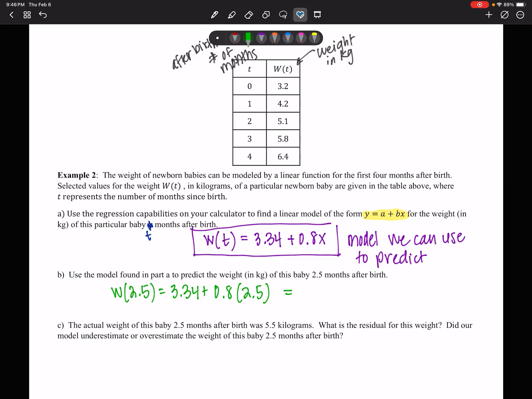When I multiply and add those two numbers together, I get actually exactly 5.34 kilograms, because these values didn't keep going forever, so I didn't have to round because I don't have any irrational numbers happening. We are good, 5.34 kilograms.